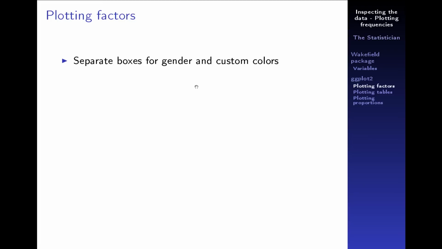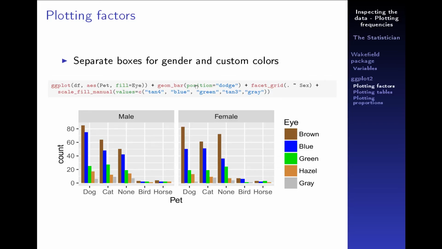and we can also have a third variable, the eye color, and we will have it as a filling color, and then we can draw separate boxes for our sex variable. In this facet_grid function you have this formula period tilde and then your variable.